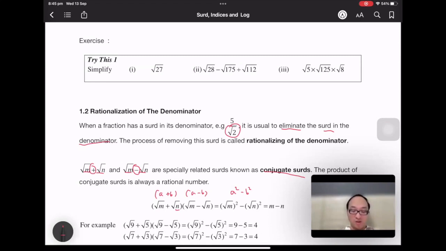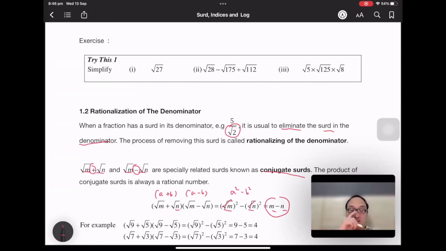So when we multiply the number with the conjugate, we will have a squared minus b squared, so square root of m squared minus square root of n squared, which will cancel the square roots, so it will become m minus n. So now the number is free of the surd form. No more surd form in those numbers.